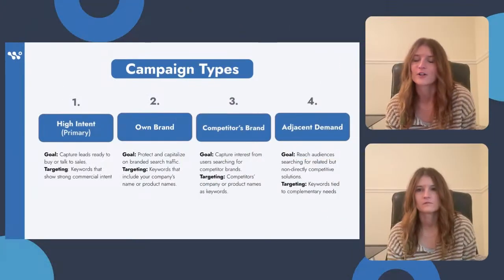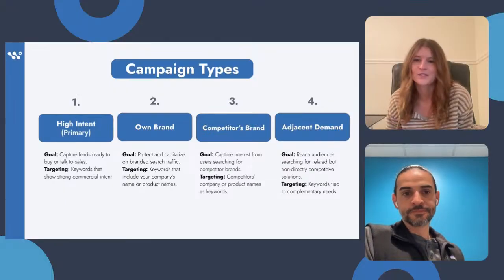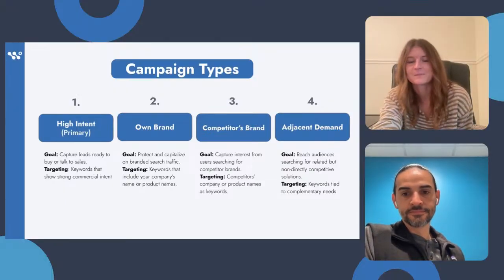Maybe they're looking for a new project management system, but not everyone is going to have that clear correlation of something else that might make sense.